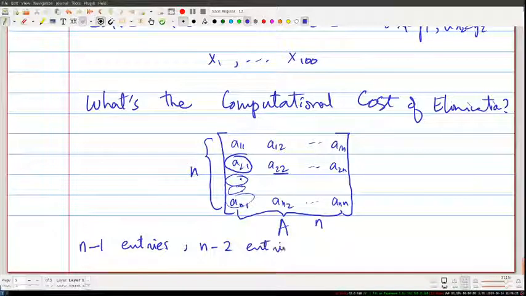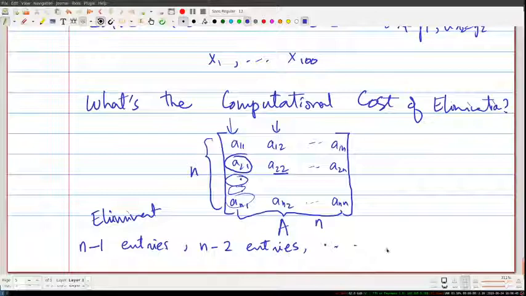So in the first column you need to eliminate n minus 1 entries, in the second column you need to eliminate n minus 2 entries, and so on and so forth.